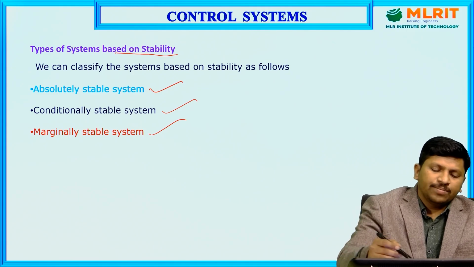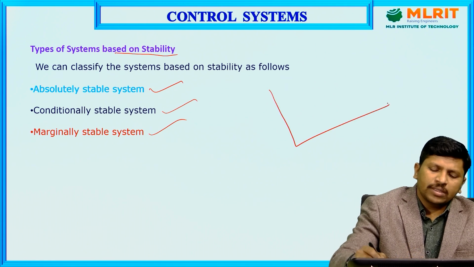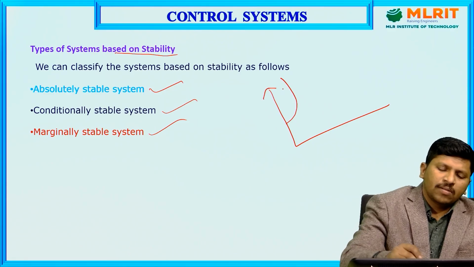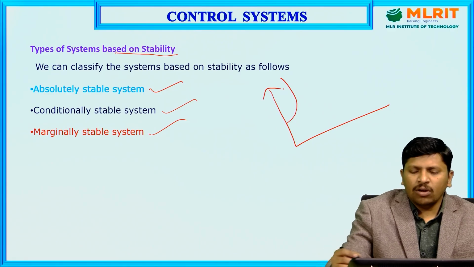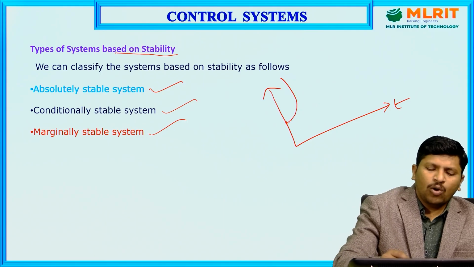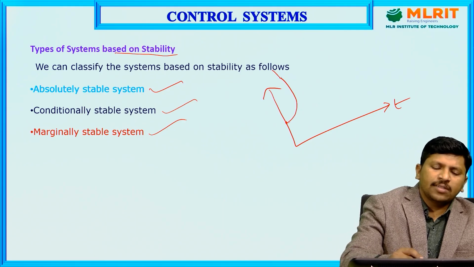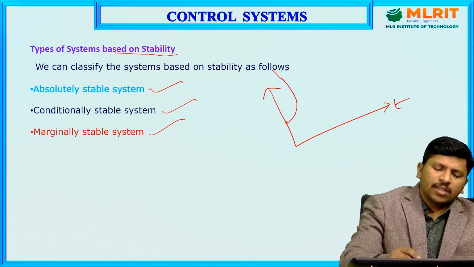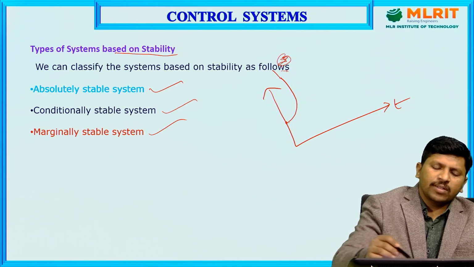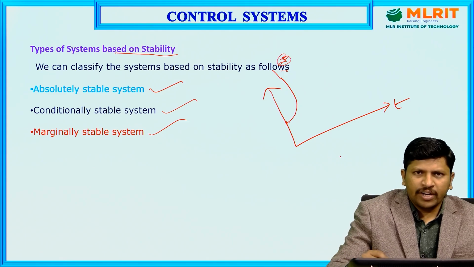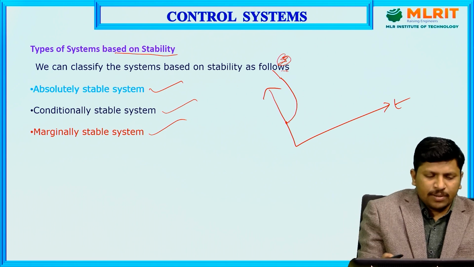Generally I am going to draw like this. For example, the graph is like this. Is this stable or unstable? The input is bounded but the output increases continuously, so it is an infinite range of the sequence or signal. That type of system is unbounded, or unstable.